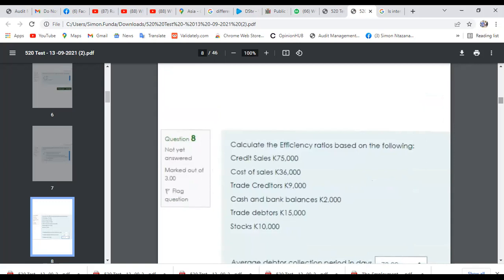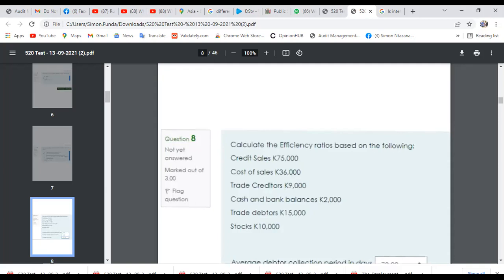Okay, the next question is asking us to calculate the ratios based on the following. So we have credit sales 75,000, cost of sales 36,000, trade creditors 9,000, cash and bank balances 2,000, trade debtors 15,000, stock 10,000.